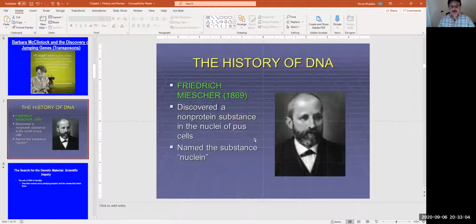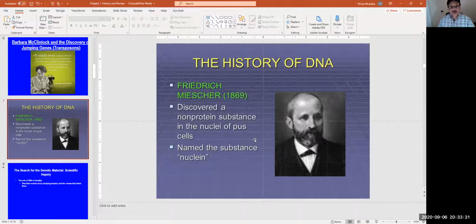The second scientist that I want you to look at and admire is Frederick Miescher. You'll be doing the BIO461 lab, and you'll be isolating DNA, or extracting nucleic acid. This breakthrough of extracting nucleic acid from cells was first done by Frederick Miescher.